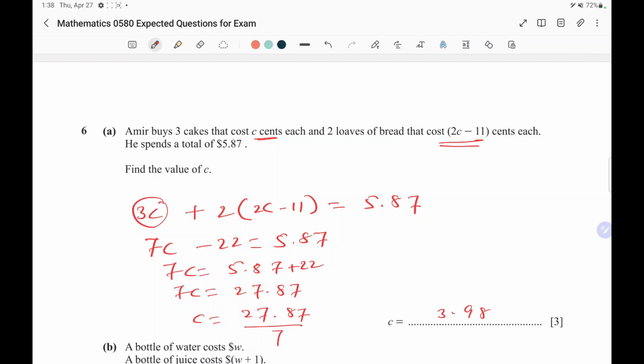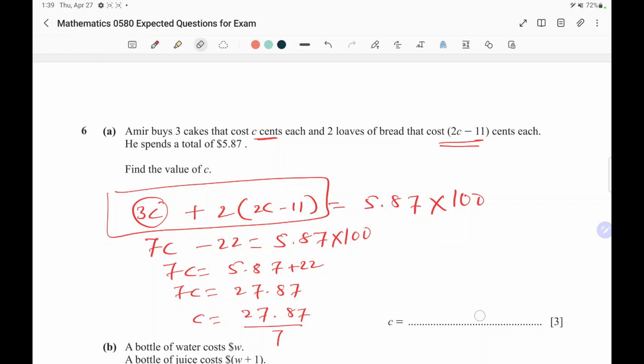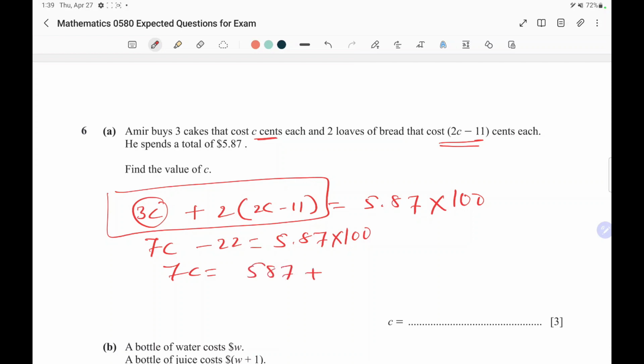Hey, wait a minute. These are in cents, and this 5.87 was in dollars. So we have to convert to cents. We just need to multiply by 100 as well. So we need to do some correction over here. So this will be 7C equals 587 plus 22.